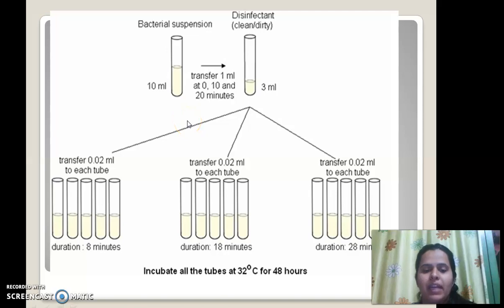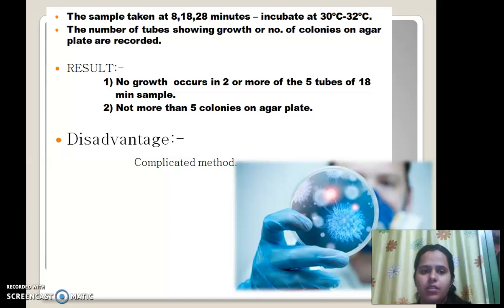Here we have maintained the tubes at 32 degrees Celsius for 48 hours. The samples taken at 8, 18 and 28 minutes are incubated at 30 to 32 degrees Celsius. The number of tubes showing growth or the number of colonies on the agar plate are recorded. By observing these observations, we will form the result.